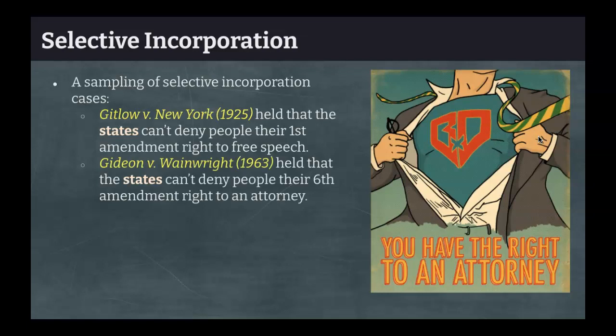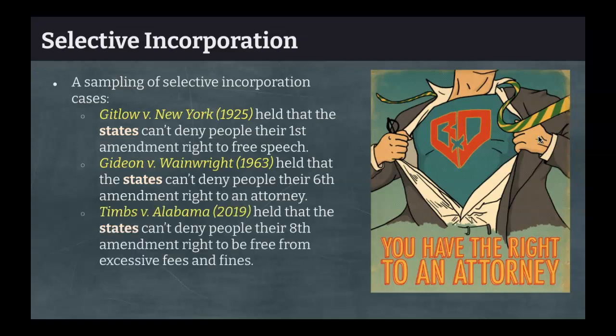Gideon versus Wainwright in 1963 held that the states can't deny people their Sixth Amendment right to an attorney. Again, states basically behaved in such a way that they pretended it wasn't in the Constitution that we had the right to an attorney until this Supreme Court case where the Supreme Court upheld that states couldn't deny this right.